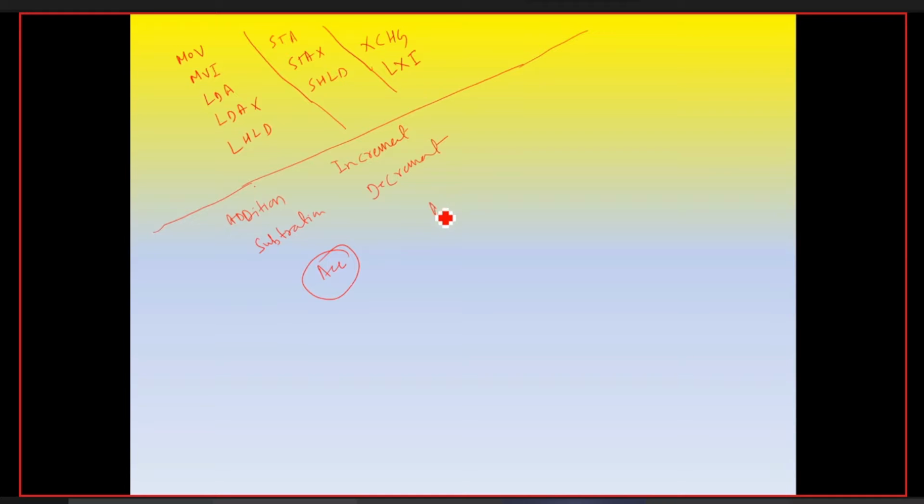We can write ADD B, we can write ADD C, or we can write ADD M also. We can write ADD A also. Okay, and for instructions, there is a separate opcode which we have to enter in the memory location. Okay, whether we'll use software or hardware or the 8085 kit.